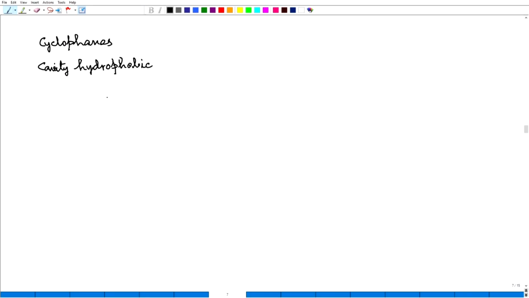For example, these are interesting looking structures.